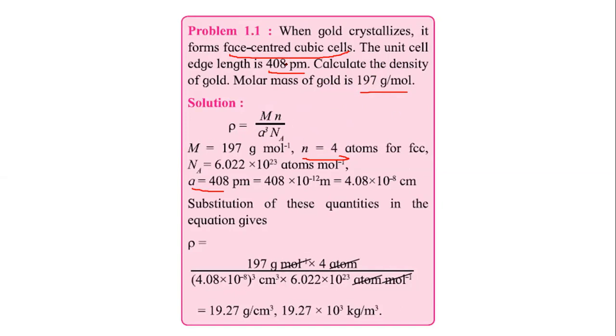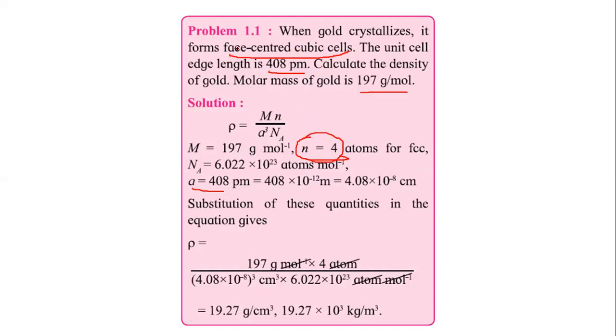So put these values in this equation. M is equal to 197 grams per mole. n is equal to 4, because by using this face centered unit cell we calculated this value. If it is a body centered cubic unit cell, then n is equal to 2.